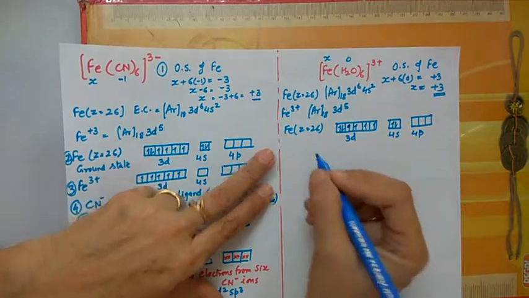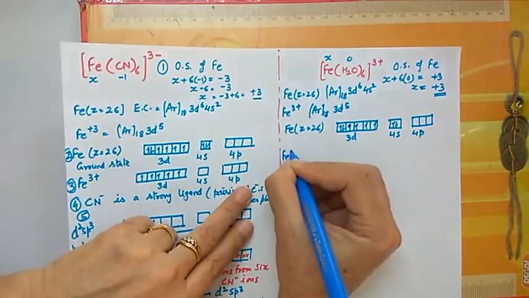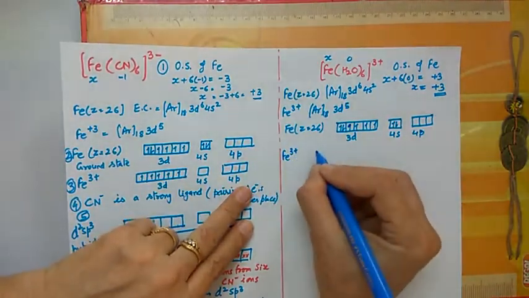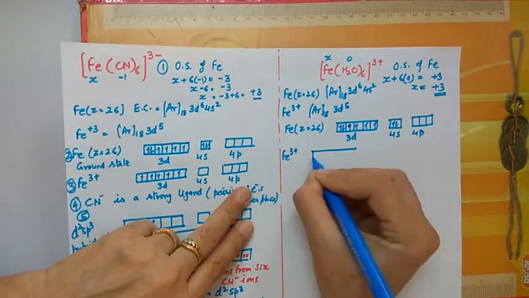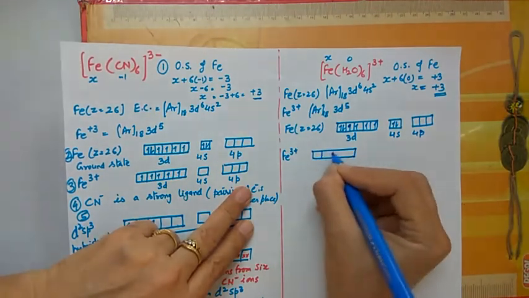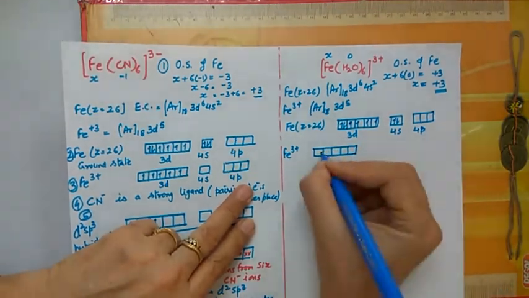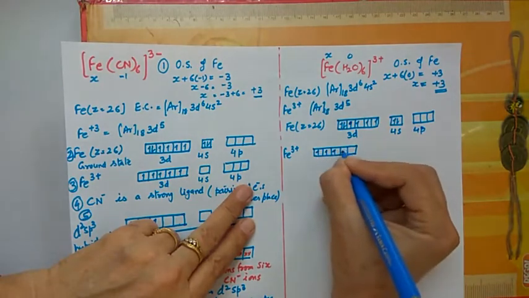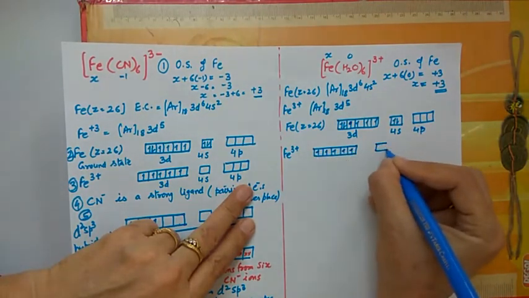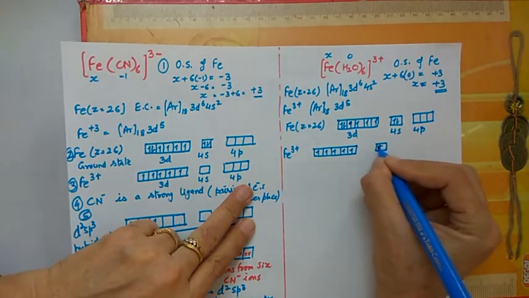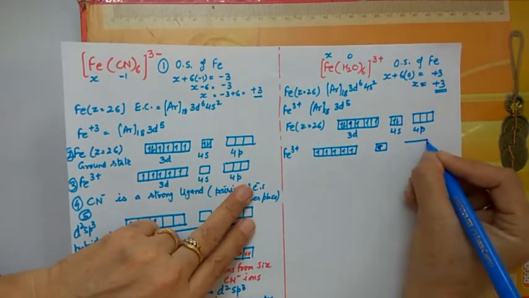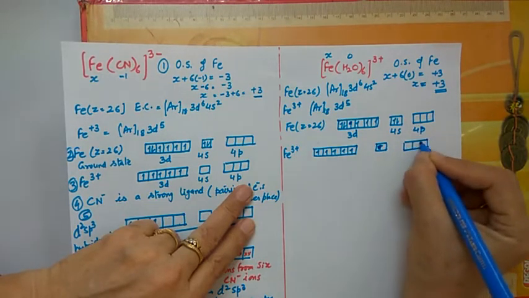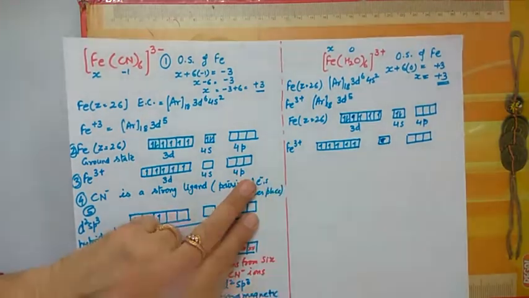These are 2 electrons. Now in Fe 3 positive, what will be the configuration? That is 3d5, and this has become empty, right? No electron.